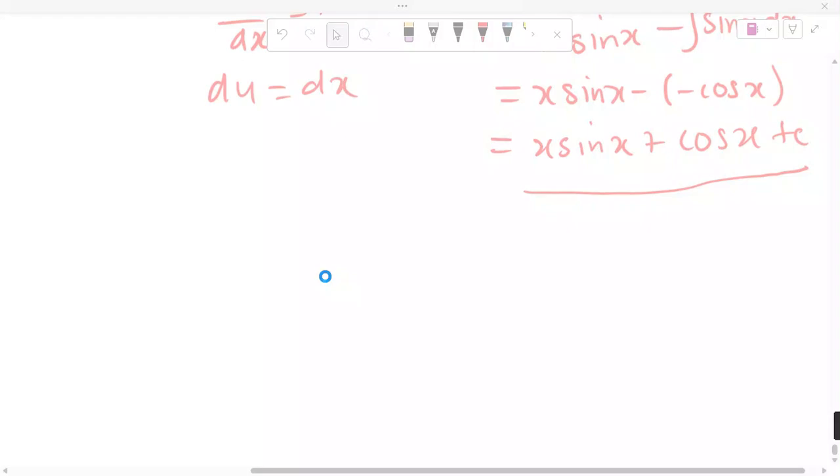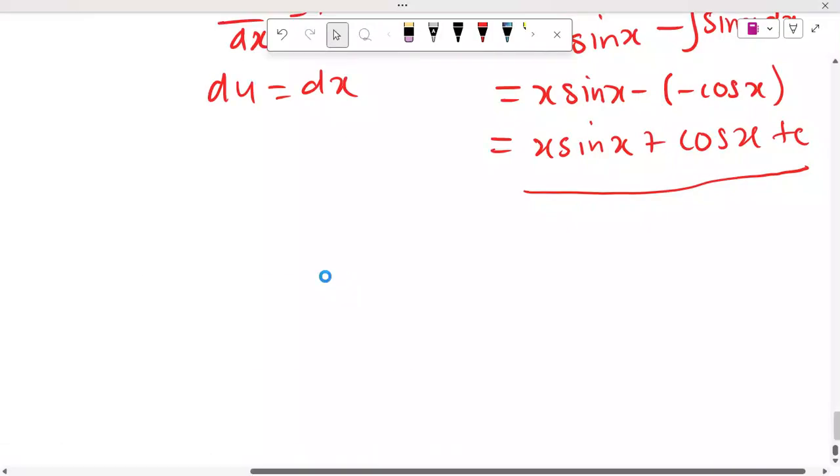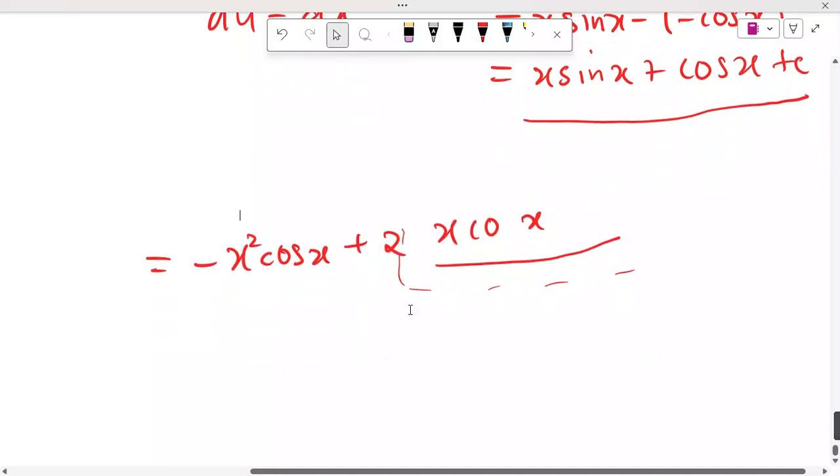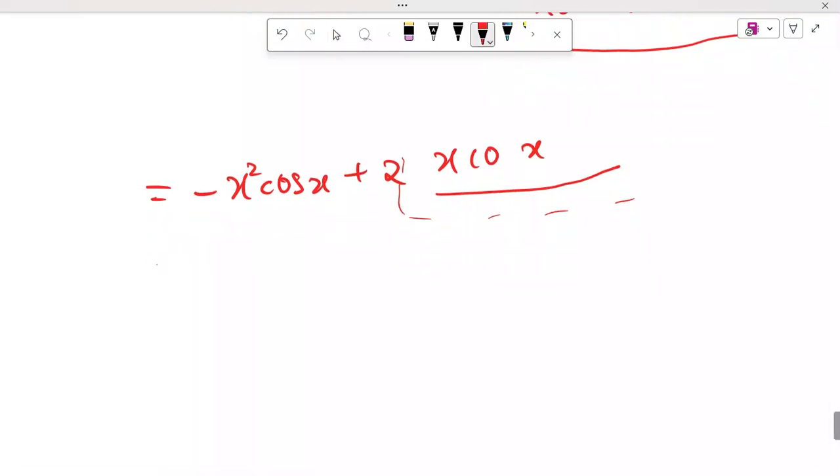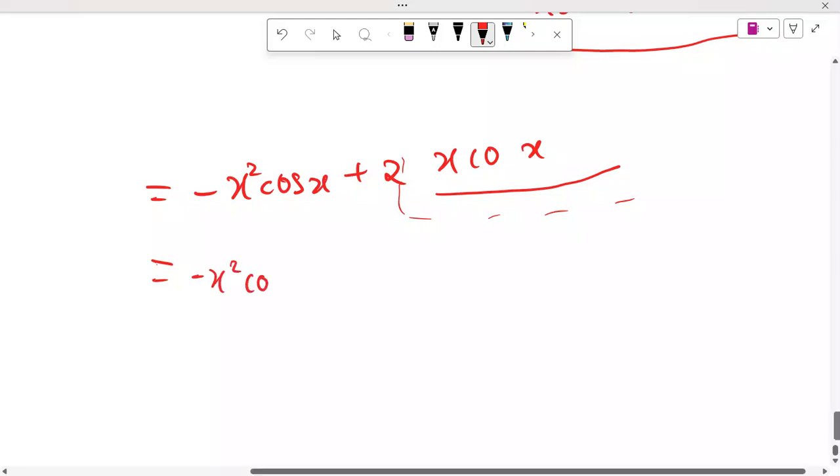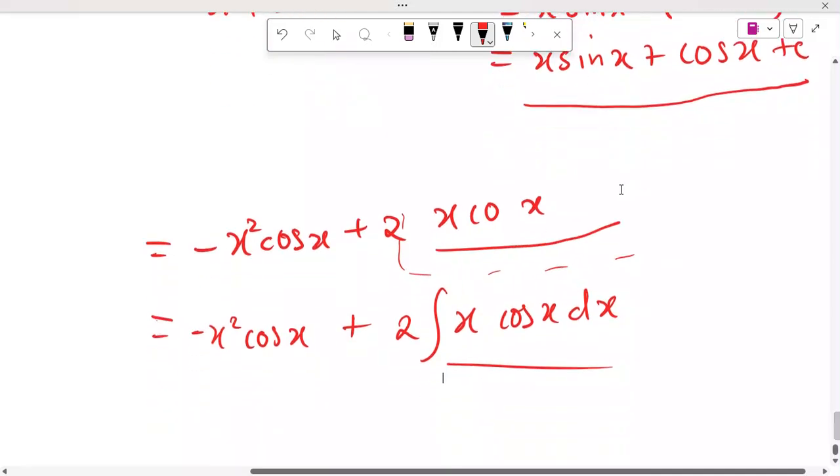Let me just give it a few seconds. So I hope you guys are understanding these things. So we had negative x squared cos x plus 2, then there was the integral of x cos x dx. We solved this part, which is the answer here.